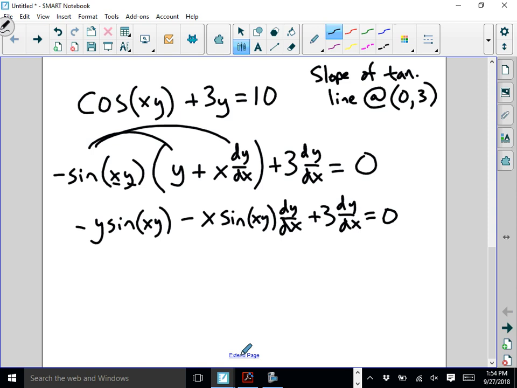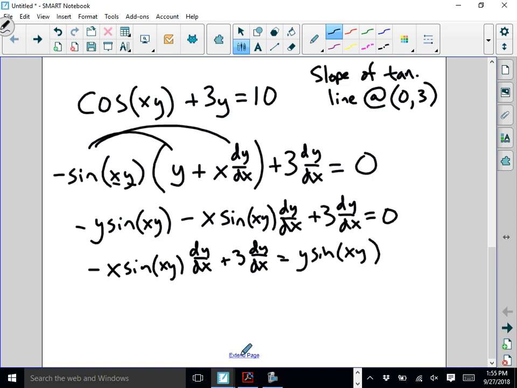So I want to take that first term and add it to the other side. Those of you who are kind of reckless with your negative signs, this could be a challenge for you.